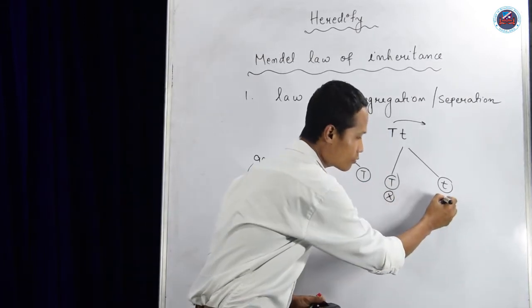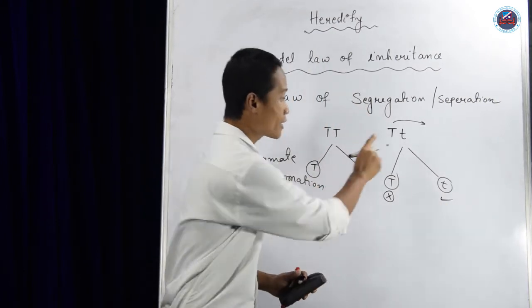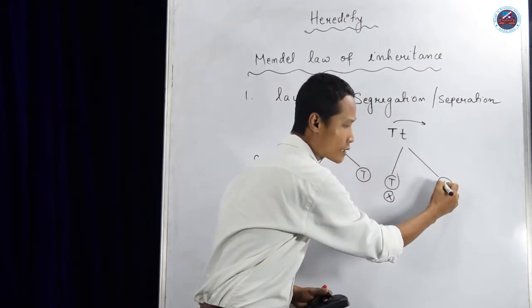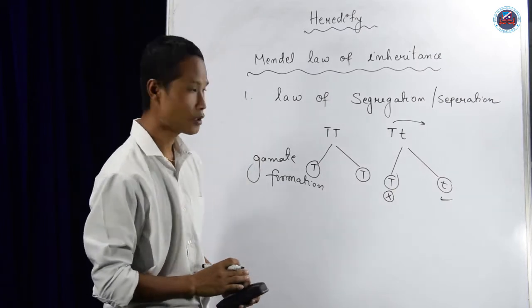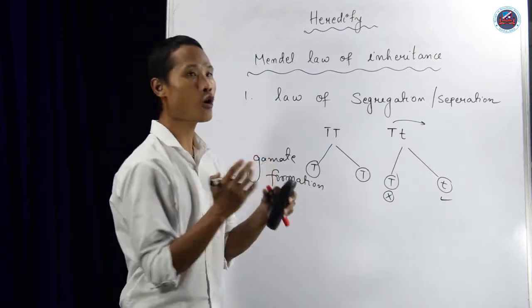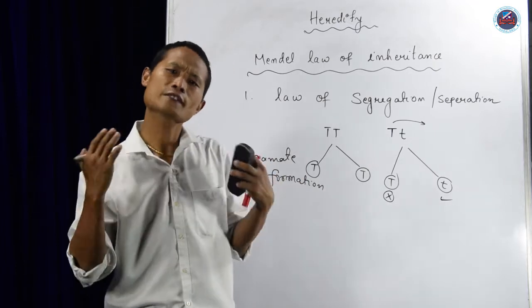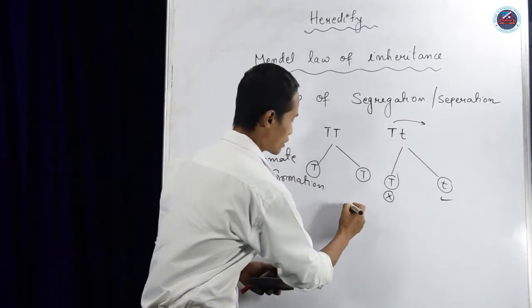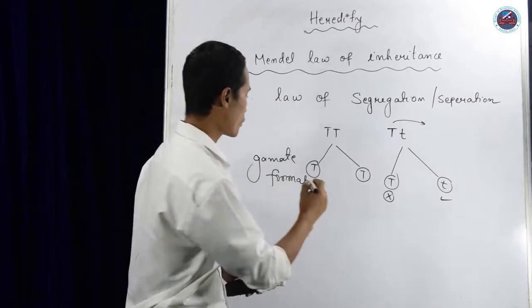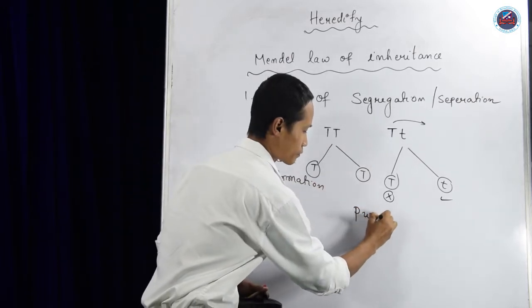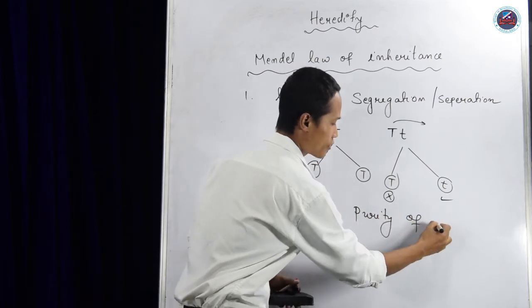And for this one, even though there is a small t, it will be a pure short plant. So this is said to be the law of separation or law of segregation. The law of segregation is also called the law of purity of gametes.